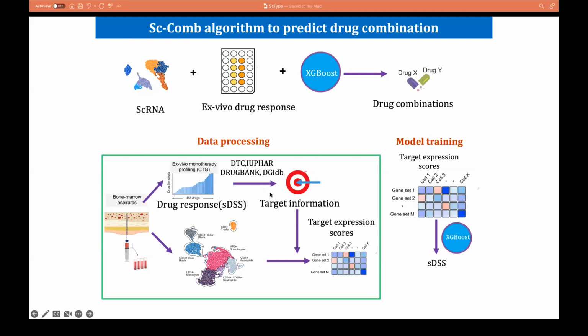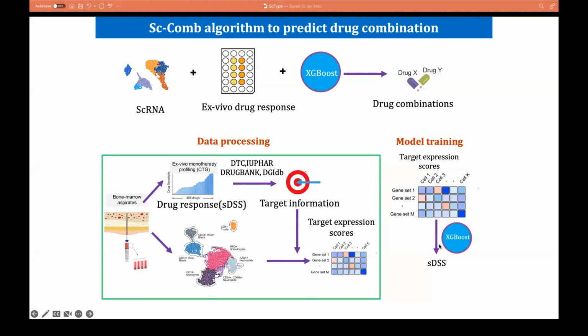And we calculated a target expression score, which is similar to the GSVA score, if you might be aware. We used a tool which sums the expression of different targets in cancer cells from our patients and put it into an XGBoost model to predict the single drug response.